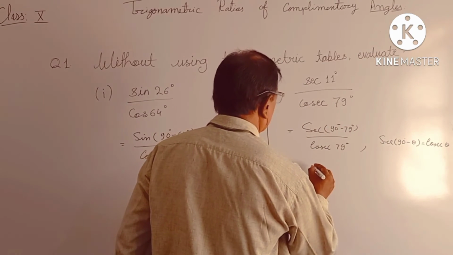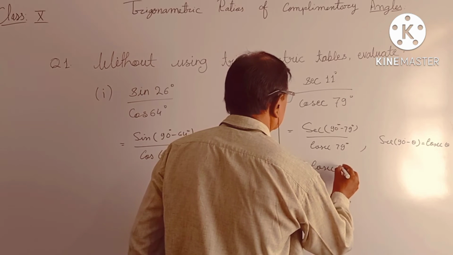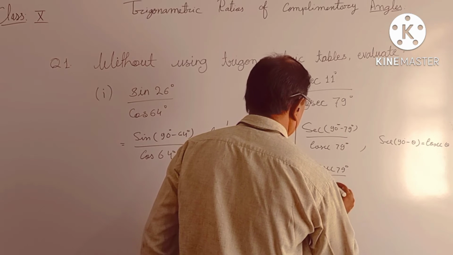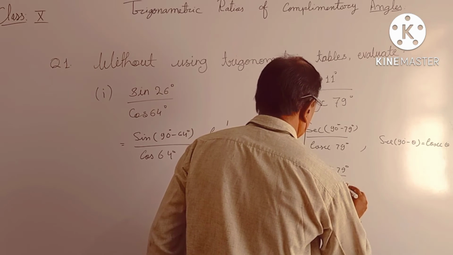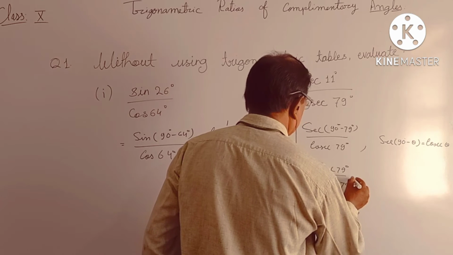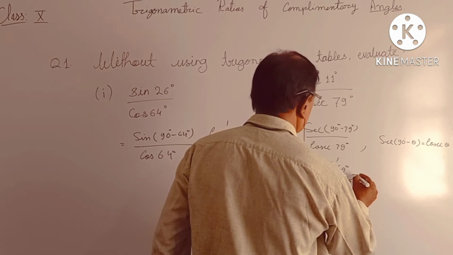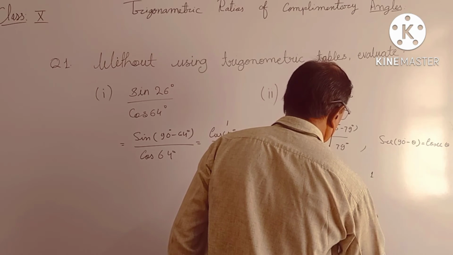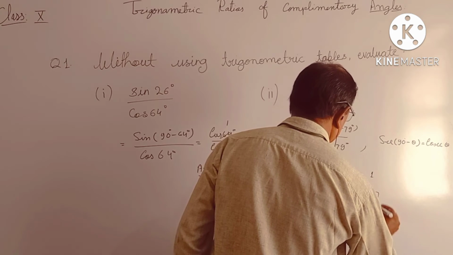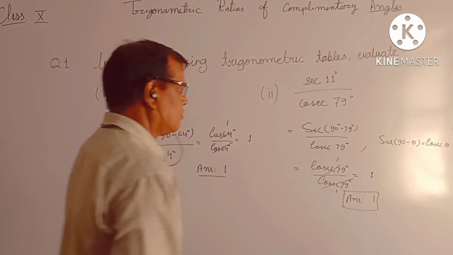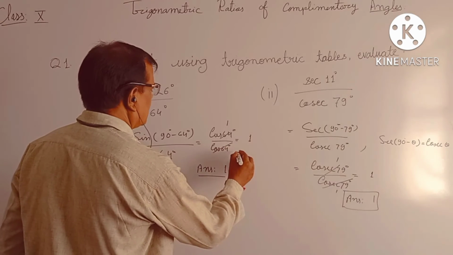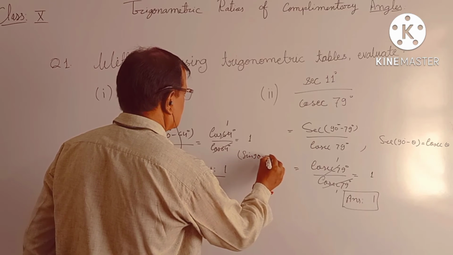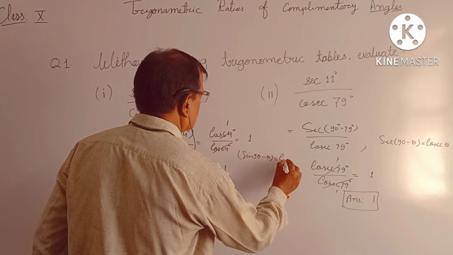So we will write cosec 79 degrees upon cosec 79 degrees, and we cancel because both are equal. So we will find the answer is 1. The value of it will be 1. This is our answer. Now we go to the next question. We can also write the identity as sin 90 minus theta equal to cos theta.